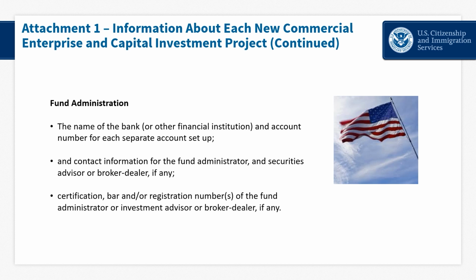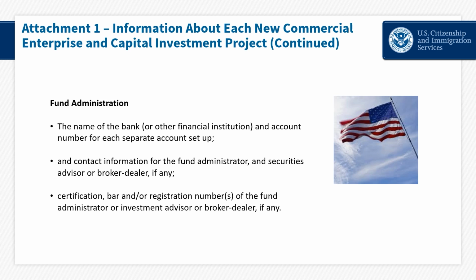The RIA added new requirements mandating that the NCE and affiliated JCEs set up a separate account to manage capital investments received from EB-5 investors for the project. Attachment 1 requires regional centers to provide the bank name and account number for each separate account set up.